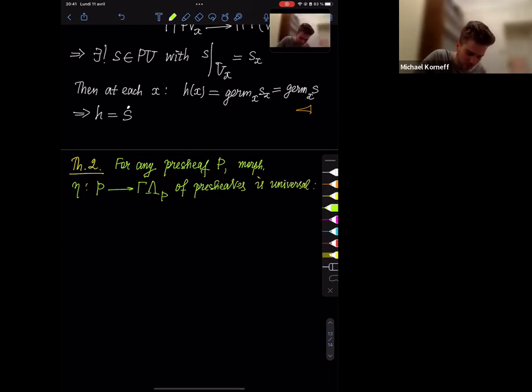That is, we have the following diagram for any morphism.